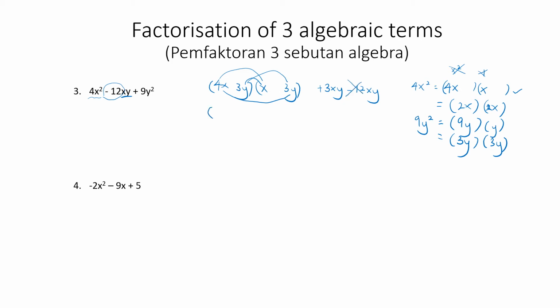So let's try another one. I continue with 4x, and this time I try with 9y and y, so that I can have 9xy, and then I have 4xy.